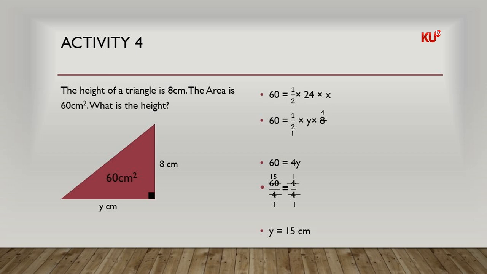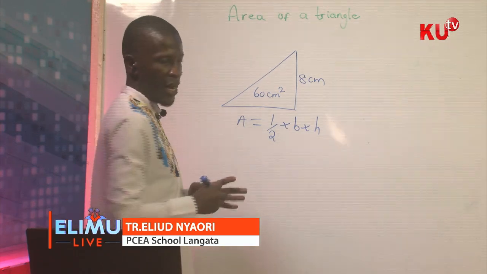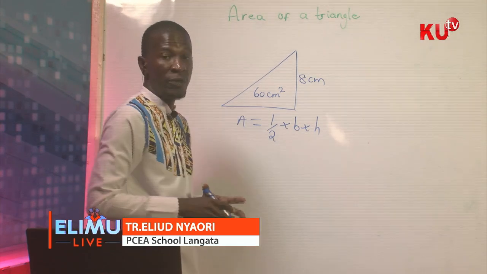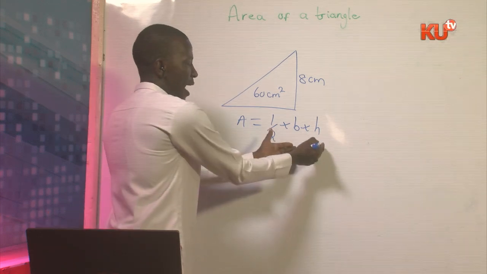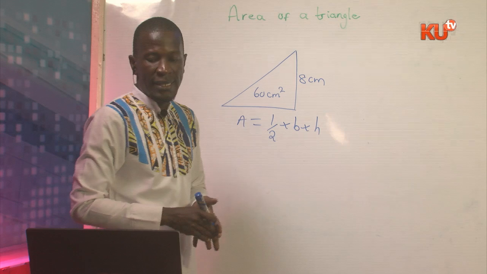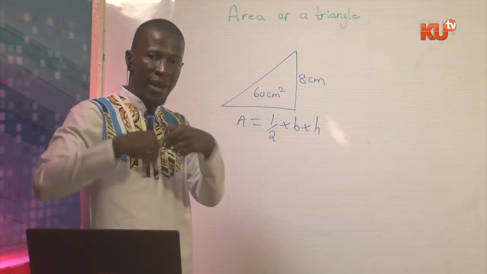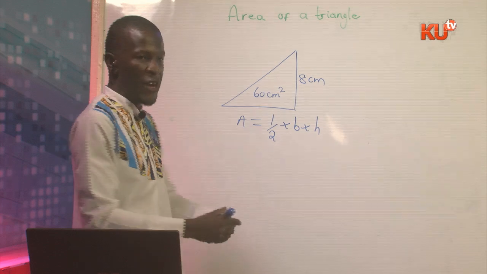The first thing you do is to write down the formula: area is equal to a half times base times height. We can now look at our whiteboard. So from here, after writing down the formula, the second step I said is to substitute. You change the letters with their original values.